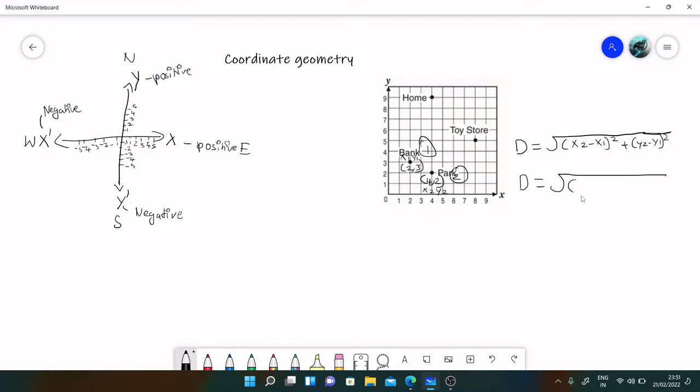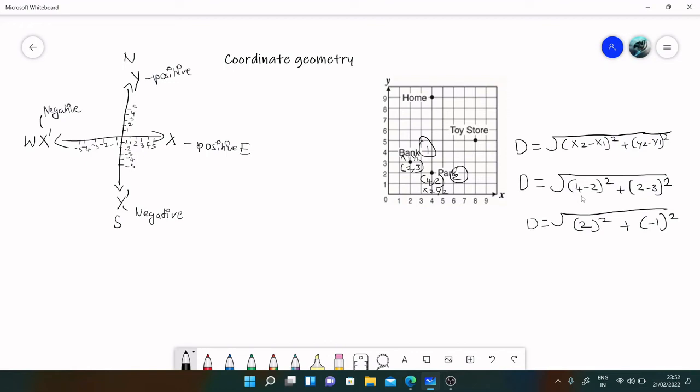Considering this, 4 minus 2 squared. No matter how simple it is, it's always better to substitute in your values. Even if you get one step wrong, you'd get some marks for your right steps. y2 minus y1, that's your 2 minus 3 squared. That's gonna give you 2 squared plus minus 1 squared.